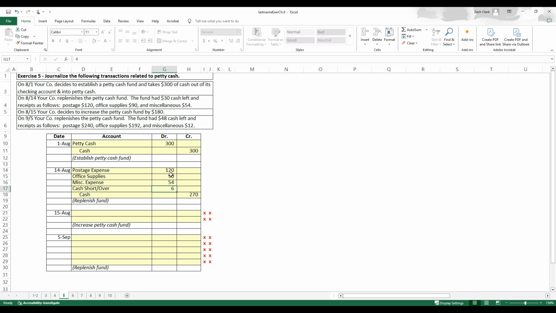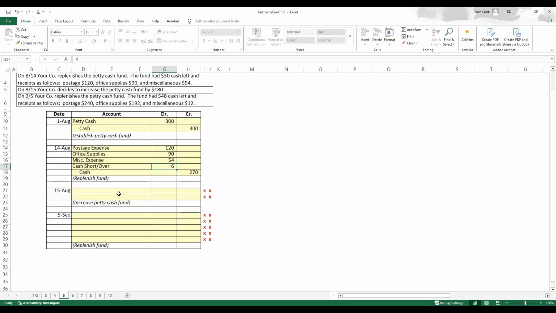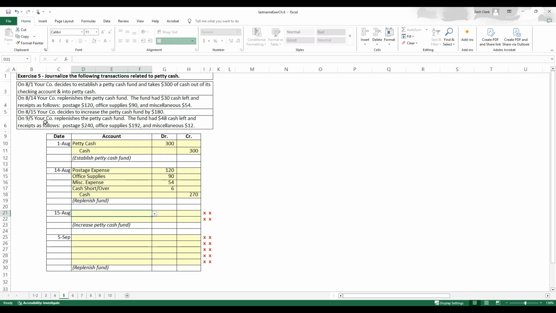Whatever the difference is, we say, hey, we don't know where this cash went, but we're short. We don't know what the expense was for. Somebody forgot to record what it was for or something, but it was $6. And we want to limit that as much as we can, essentially.